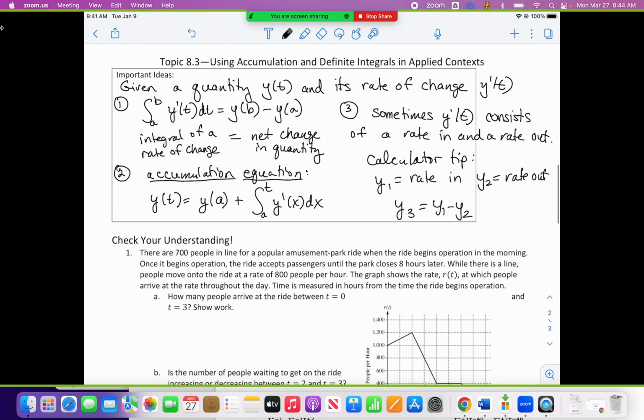The third thing is sometimes y prime of t consists of a rate in and a rate out. So on your calculator, if you let y1 be your rate in, y2 be the rate out, then y3 is y1 minus y2.